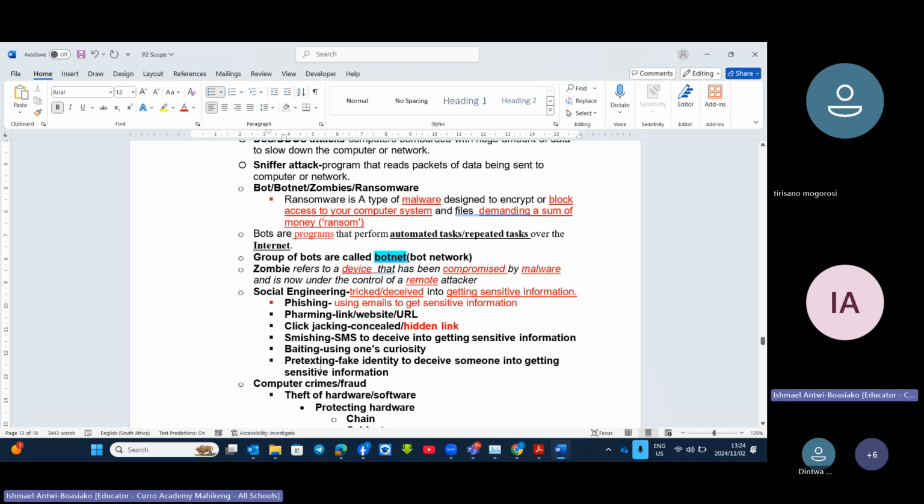For instance, somebody might call you or send an email faking their identity, saying they are working at the Department of Education and they would like to give you free marks for CAT. So you must send your details or your information, and at the end of the day, they deceive you into giving your information, and that is what we call pretexting. They fake an identity to deceive somebody into giving sensitive information.